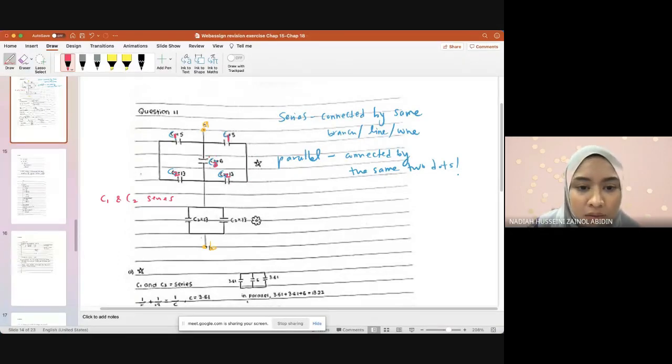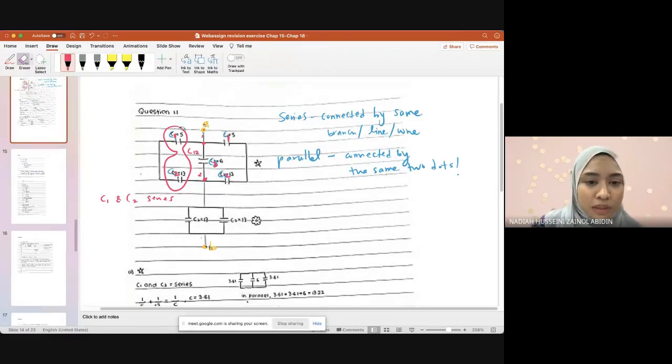And then C3 is up here. So if I say this is dot 1, this is dot 2, dot 1 meets over here and dot 2 meets over here. So if I add C1 and C2 together in series, I can say C12 is in parallel with C3 because C12 is connected by the same dots connecting to C3.